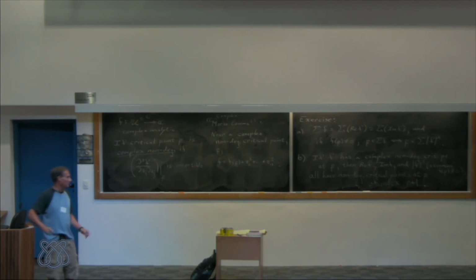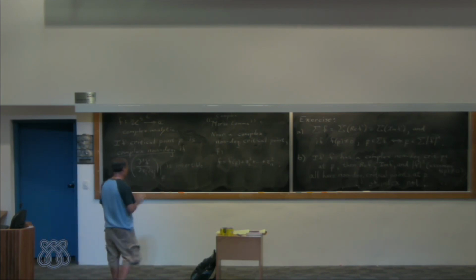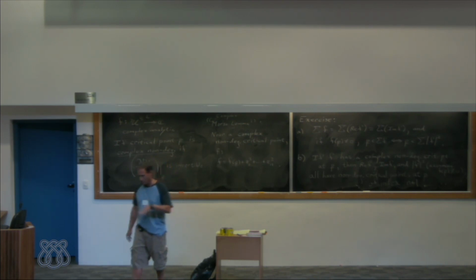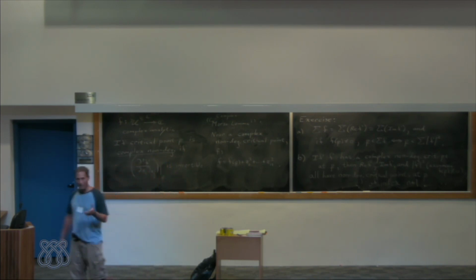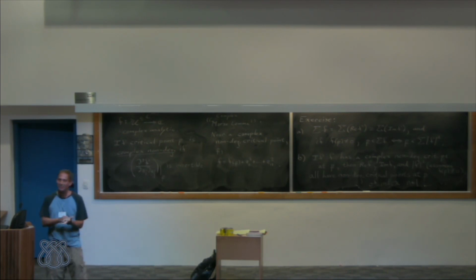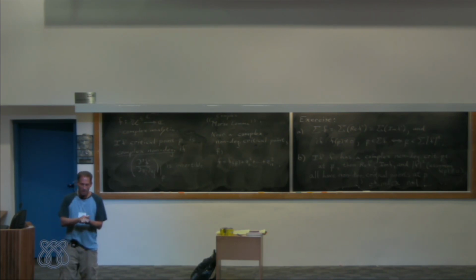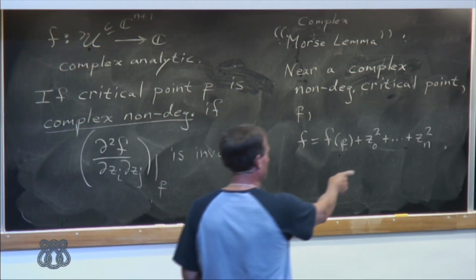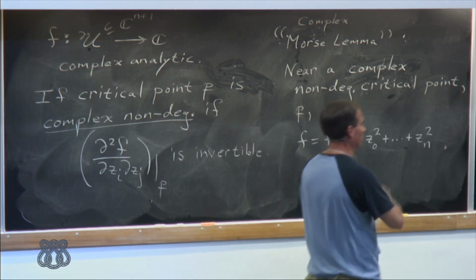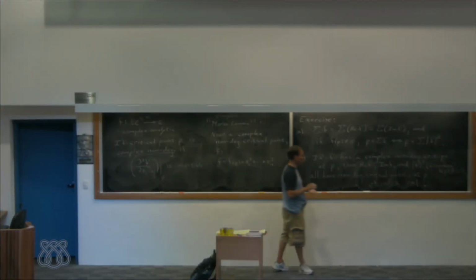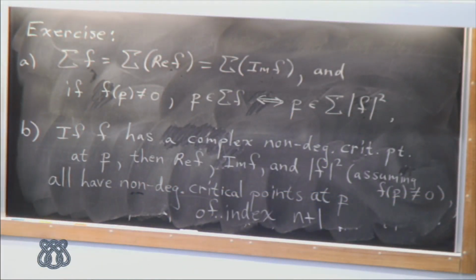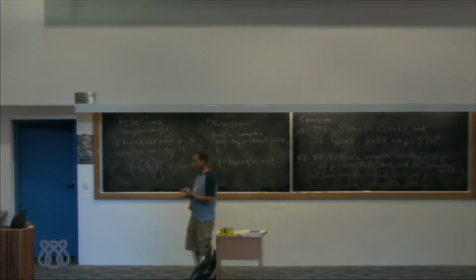And it's what makes analogous results in the reals different. There are many people in the room who are interested in real Milnor fibers, and you could hope to prove a result like the one I'm not going to get to today, for real Milnor fibers. But the fact that you could have non-degenerate critical points of different indices means you're never going to get something as sharp as what you'll get in the complex case.